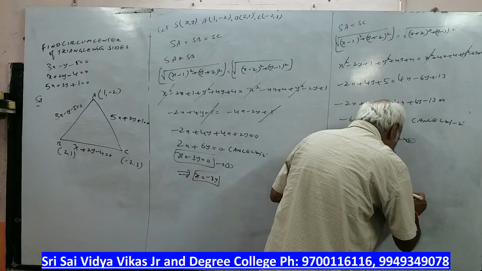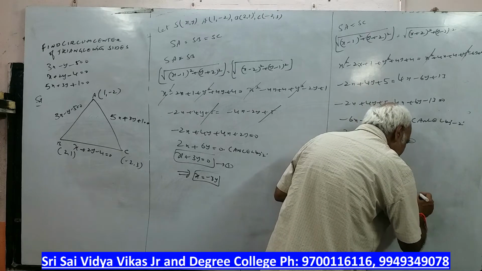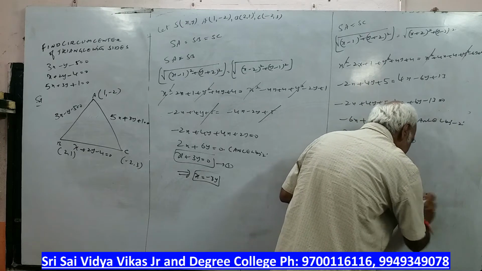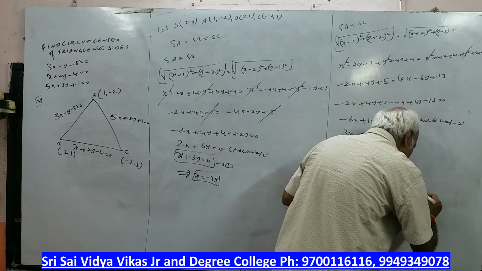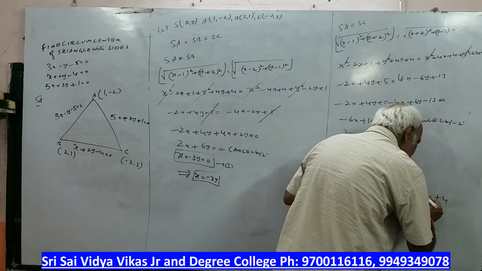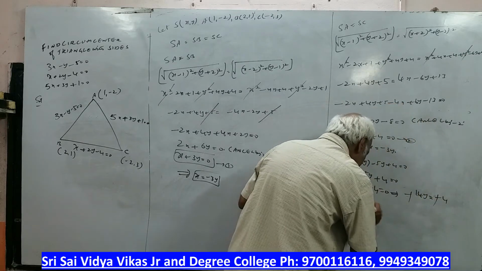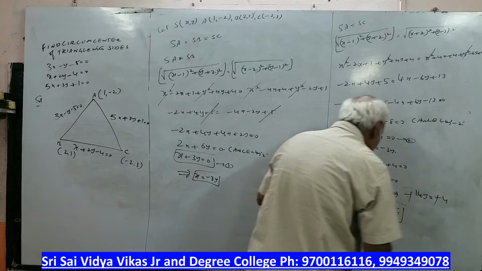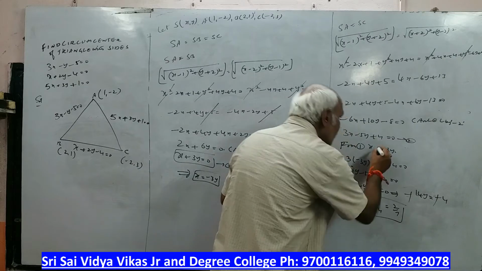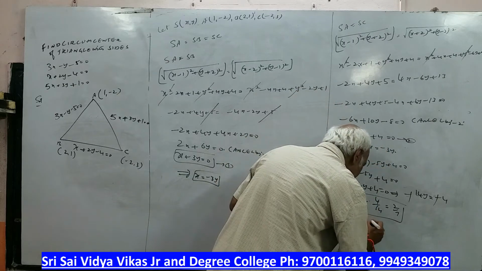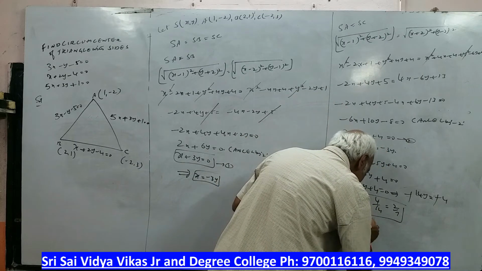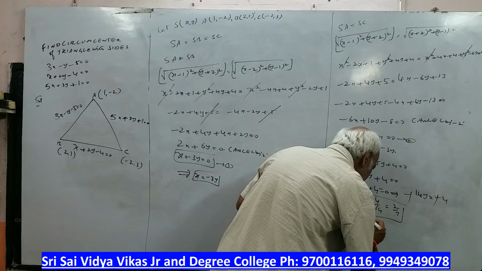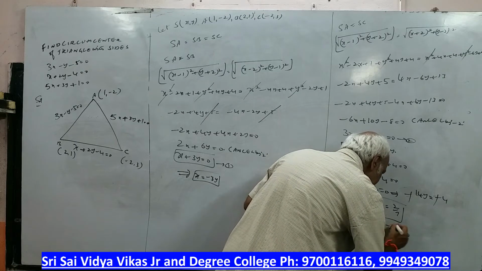So 14y is equal to minus 4. Minus minus will get cancelled. Minus 4, so y is equal to what, sir? 4 by 14, which is 2 by 7. And therefore x is equal to what, sir? Minus 3y. So x is equal to minus 6 by 7.